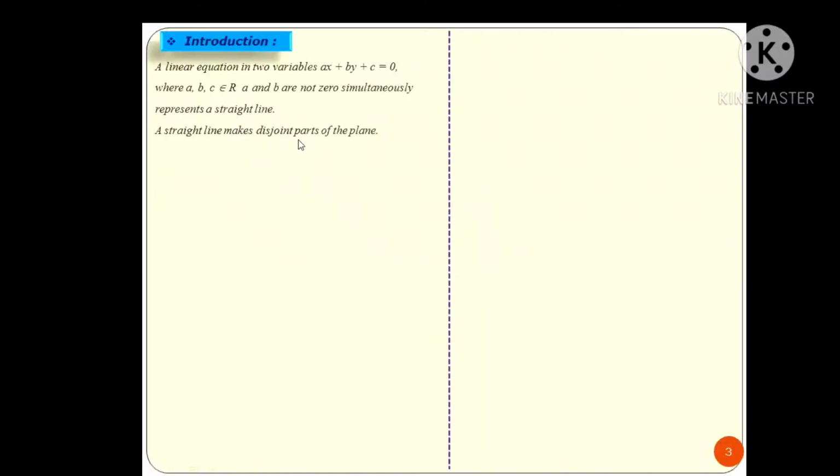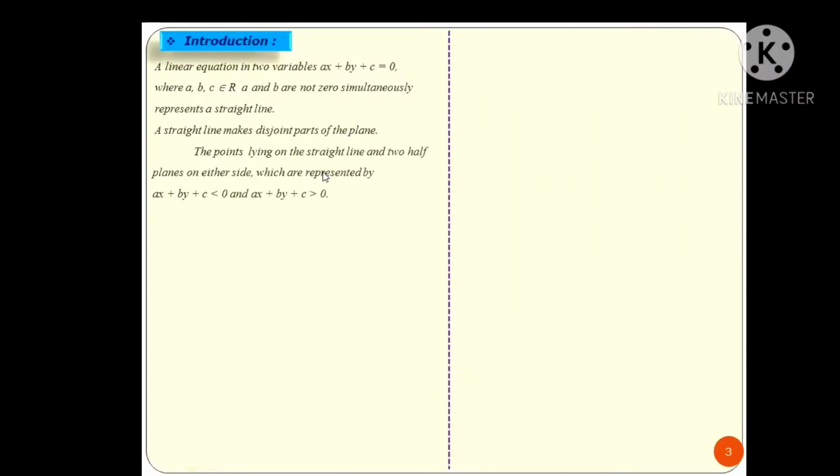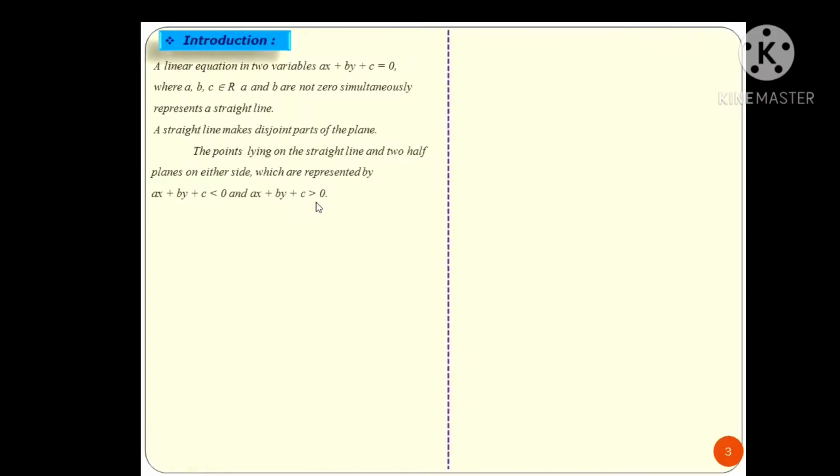A straight line makes disjoint parts of the plane. Simple thing, if you draw a line in the plane, it makes different parts of the plane. The points lying on the straight line and two half planes on either side are represented by ax plus by plus c less than 0 and ax plus by plus c greater than 0.